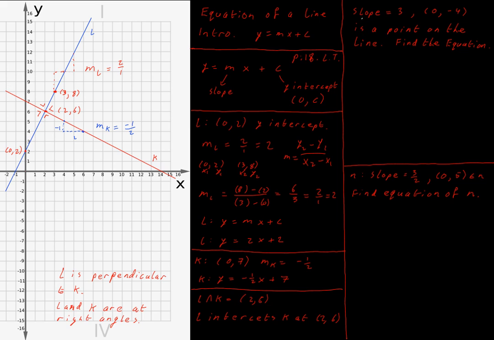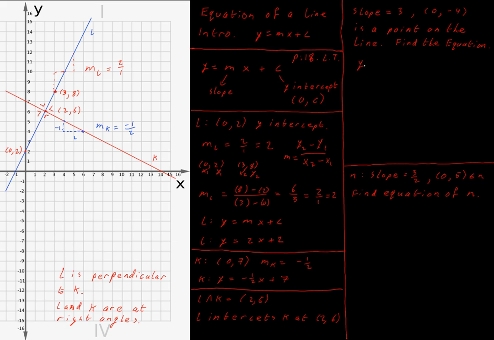So if we're told the slope of a line is 3 and it has the point 0, -4 is a point on the line, then we have all the information we need to write down the equation of our line. Now we have to be given the y-intercept for this to work. So this only works if the point we're given is the y-intercept.